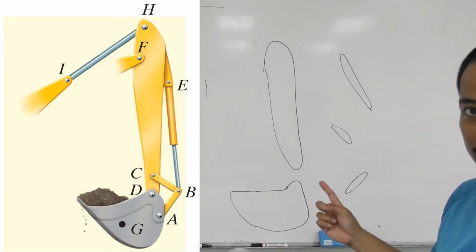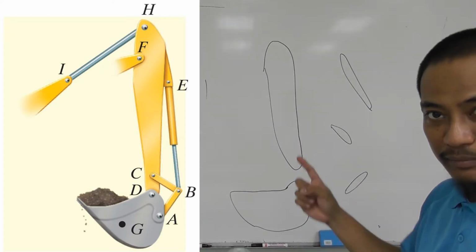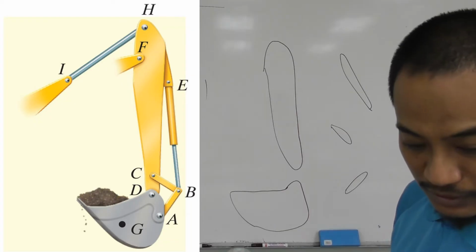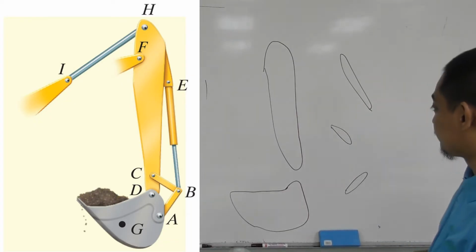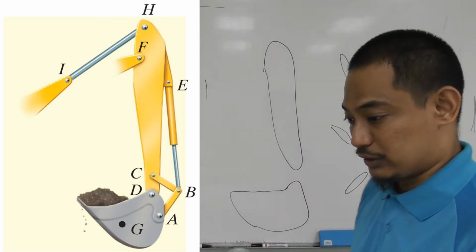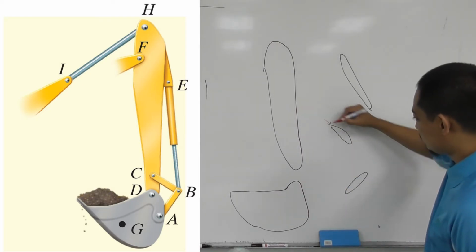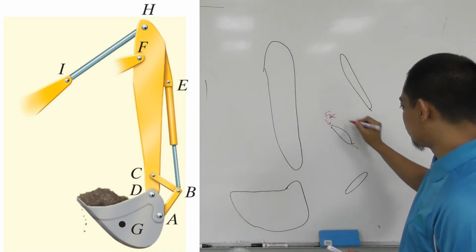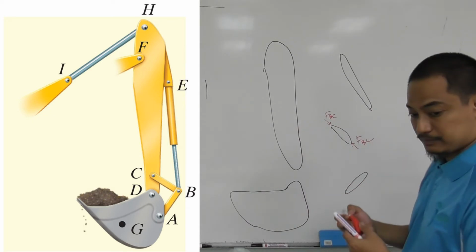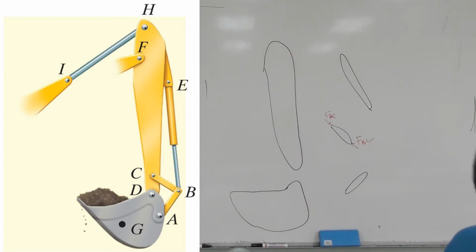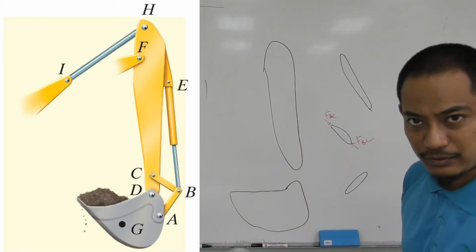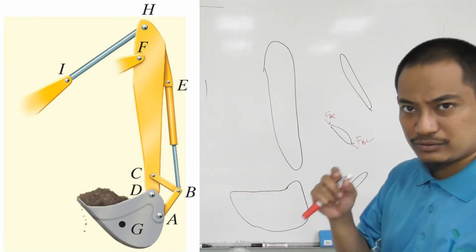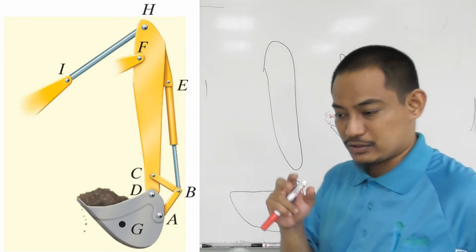Okay, my drawing is like a map of different islands in Indonesia maybe. Okay, so two force member, right? So if you assume, for example, this is under compression, which is FBC and FBC, right? Hopefully you can see this in a full screen and still the resolution is okay.